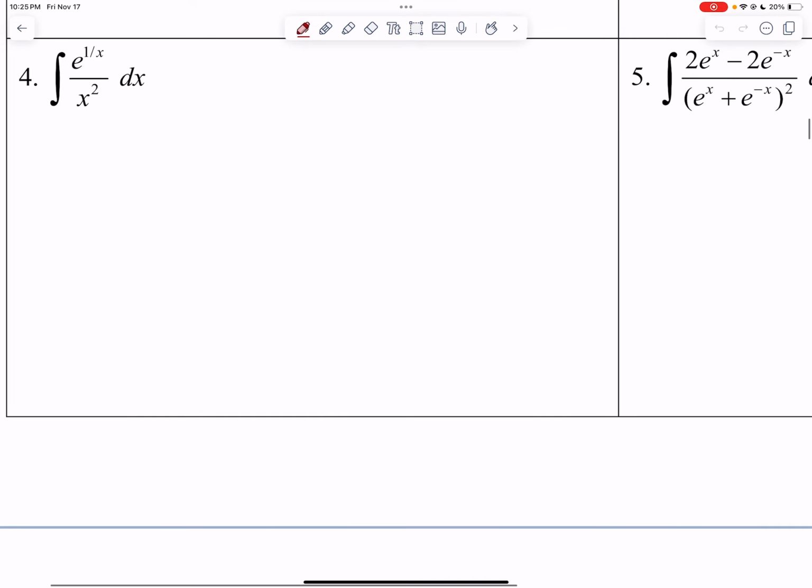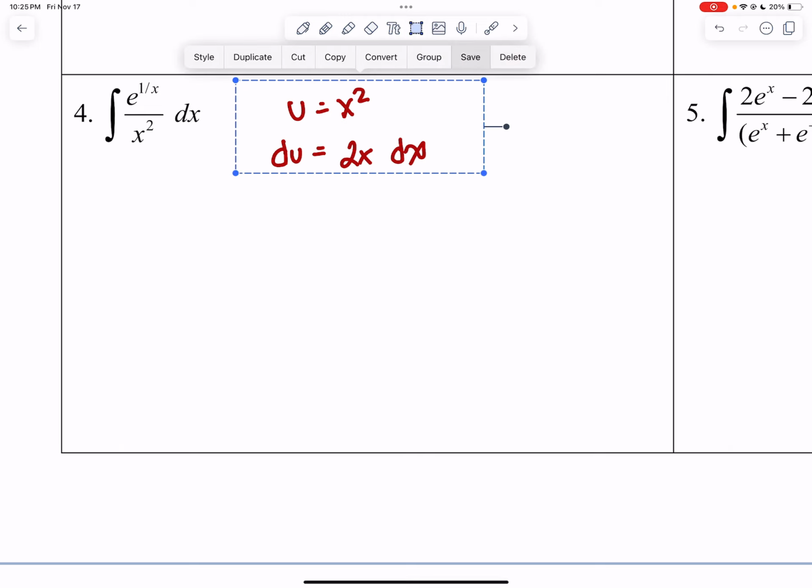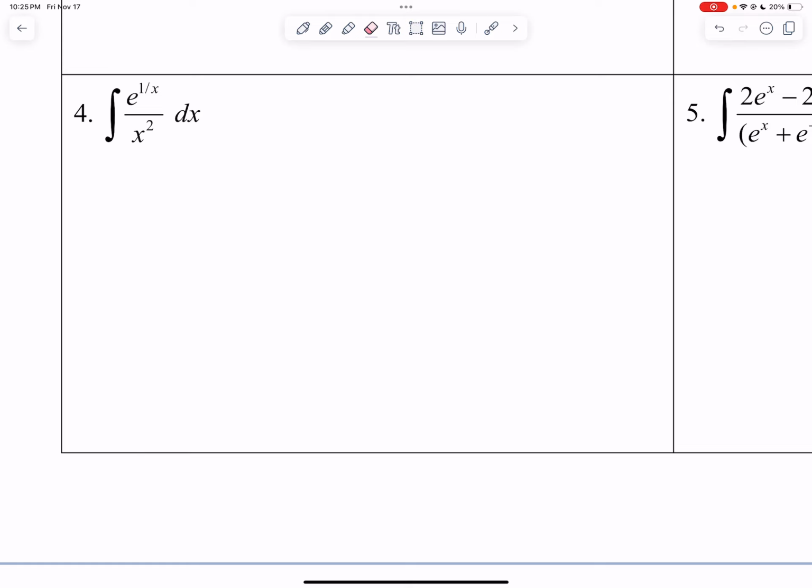Obviously, for number 4, even though I've told you guys maybe use your denominator as U, this isn't going to help us in terms of this term right here, because then du is going to be 2x, which is not what we want. Instead, if you have e to the something, probably do that first.